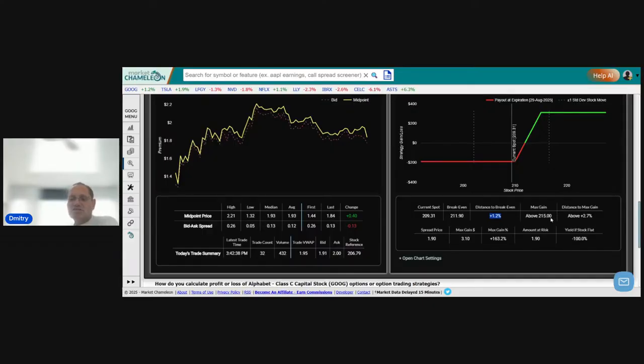Our max gain is achieved if the stock goes above 215, right? Which means it has to increase by 2.7% or more to hit our max gain. So if we're paying $1.90, and our max gain is $3.10 because above 215, the spread is worth $5.